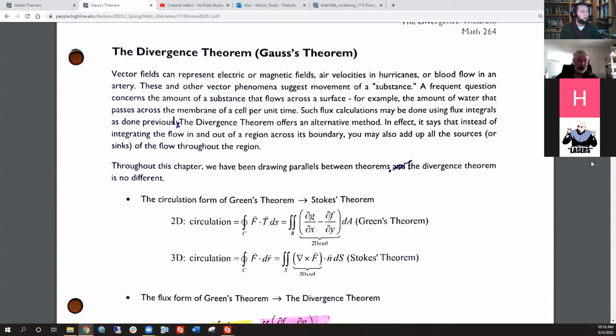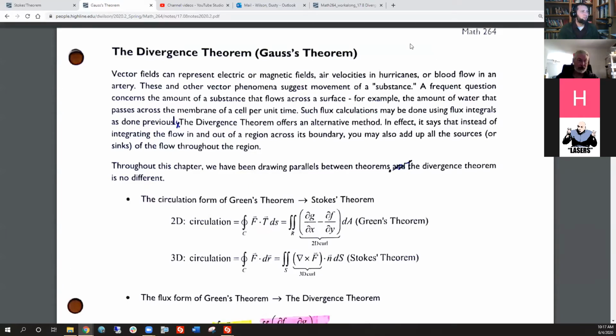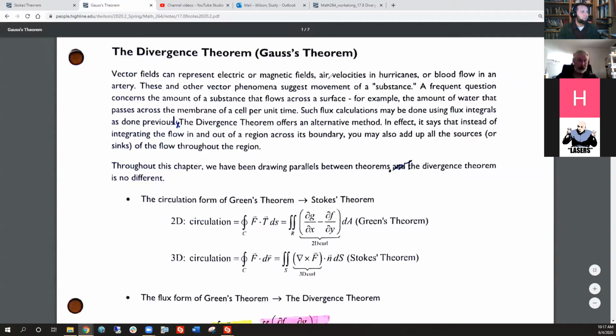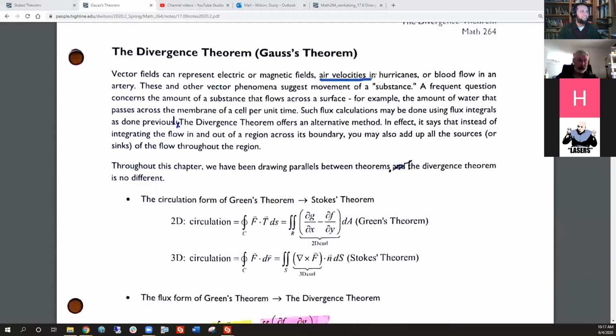The whole point of the film, for those of you that have seen it, is to take probes and send them up into a tornado, so they'll be able to find the air velocities inside the tornado. Literally to figure out what those vector fields are, which is pretty cool.